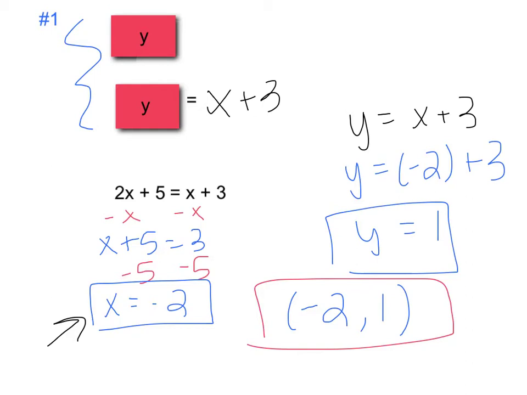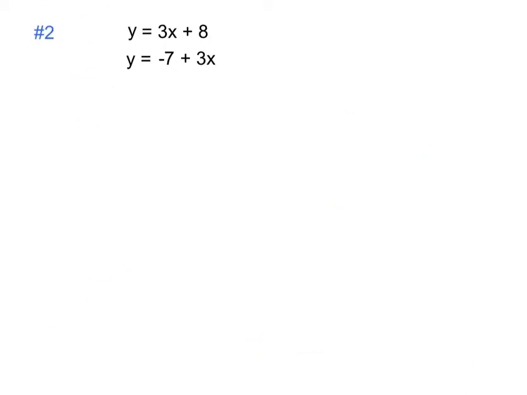Let's take a look at another example. So here my system has y equals 3x plus 8 and y equals negative 7 plus 3x. And again, we know that if y equals 3x plus 8 and y equals negative 7 plus 3x, 3x plus 8 must equal negative 7 plus 3x.